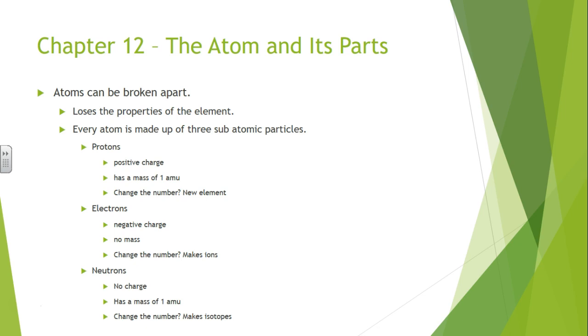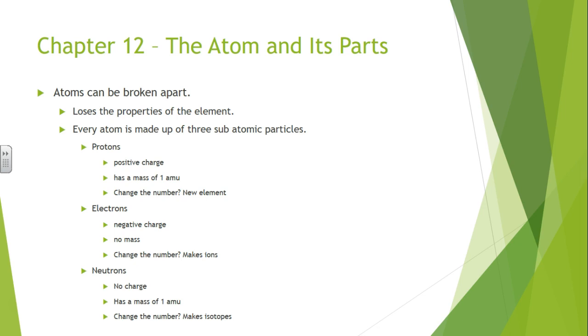So if you have an iron atom and you break it up into its parts, into its 26 protons and its 29 neutrons and its 26 electrons, they're not iron protons anymore. They're not associated with the element. So that's what I want to drive home at the very beginning: once you break atoms apart, they aren't the element anymore.